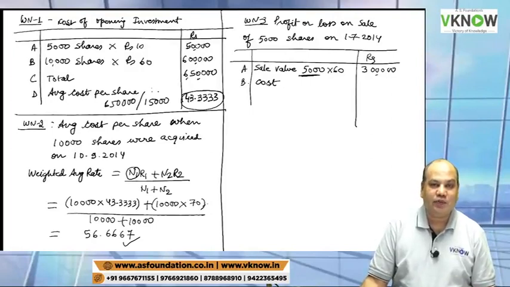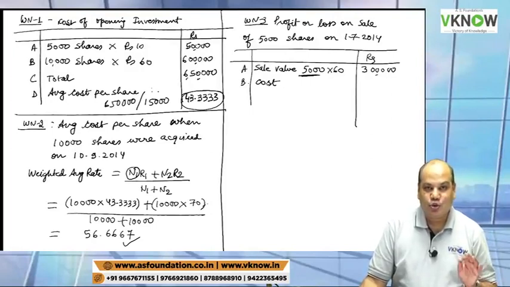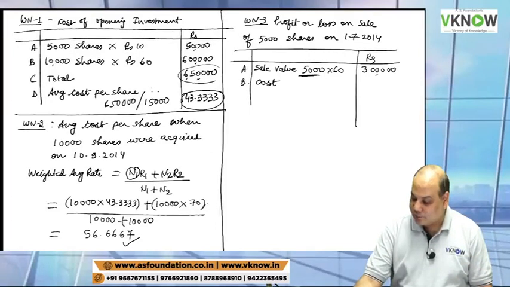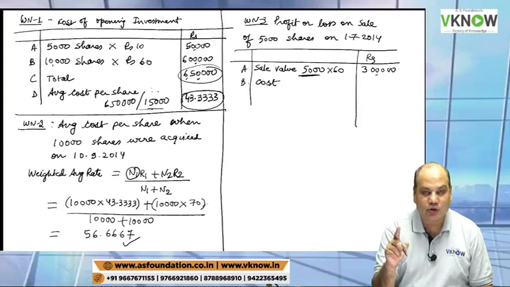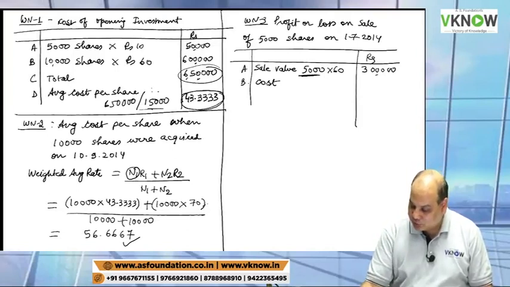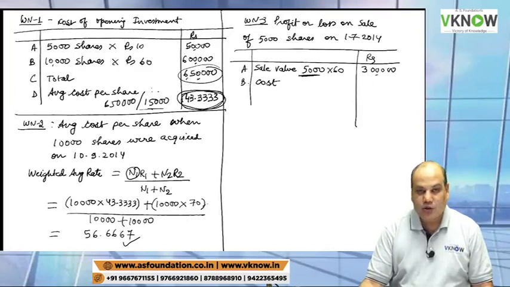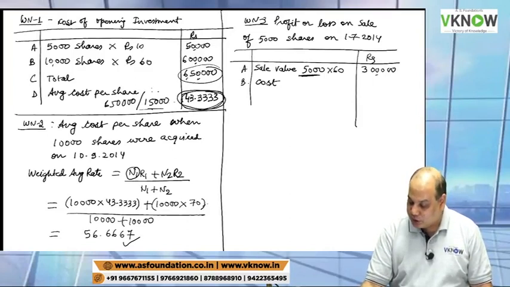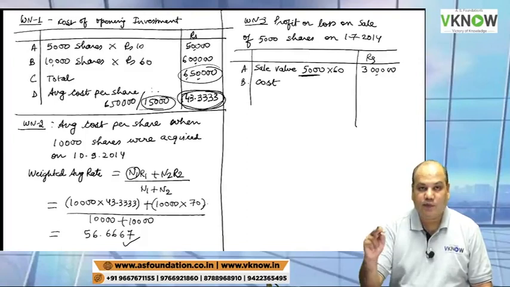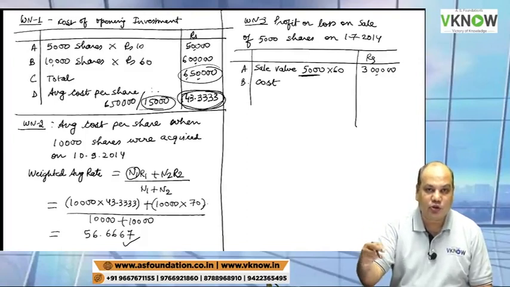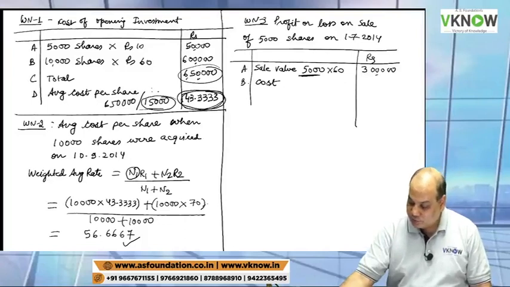Keep all other activities switched off. Opening balance was 6,50,000. Opening quantity was 15,000. So my opening average cost is 43.33. Now out of this 15,000, 5,000 shares have been sold before the new lot was purchased.